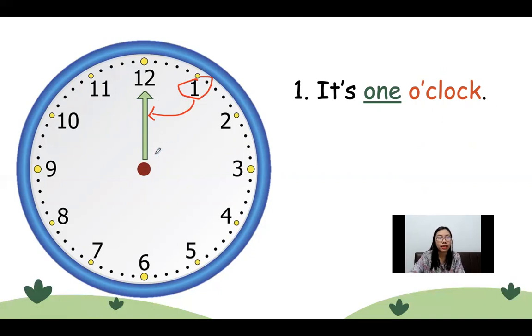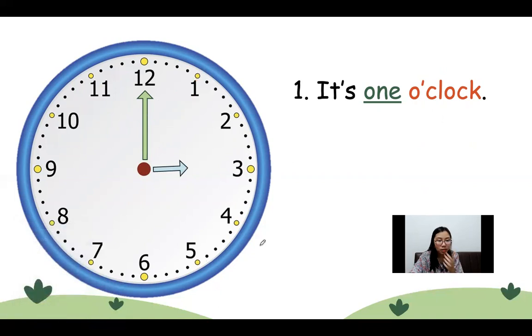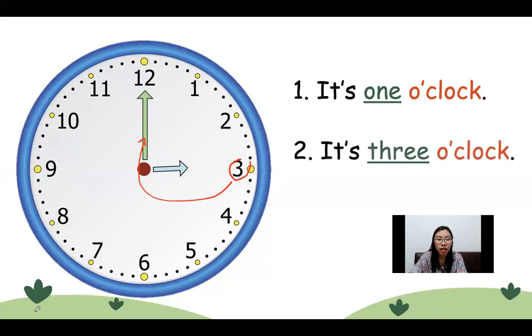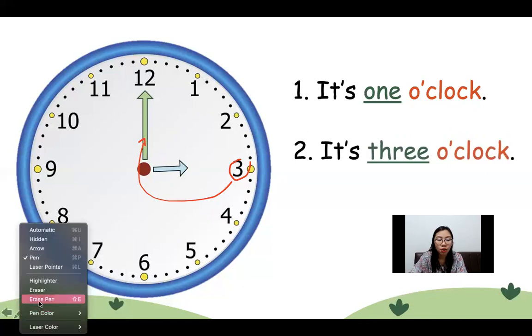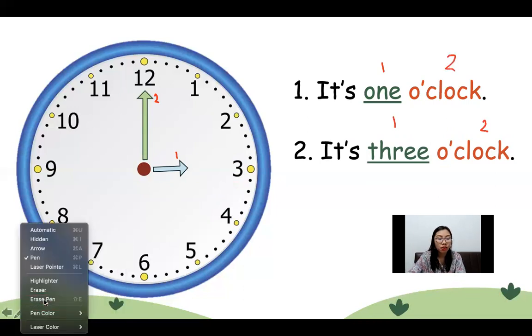Number 2, second. What time is it? The short hand points at 3 o'clock. Okay, 3 o'clock. So we say number 1, and then this one, the second. First, second. So it's 3 o'clock.